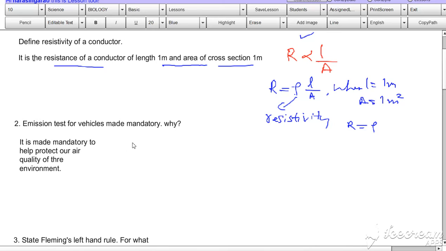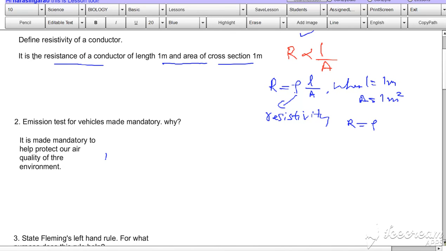It was one of the worst polluted cities in the world at one time. So this is why it was made mandatory, to help protect the air quality of the environment.